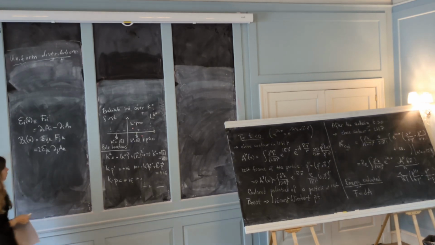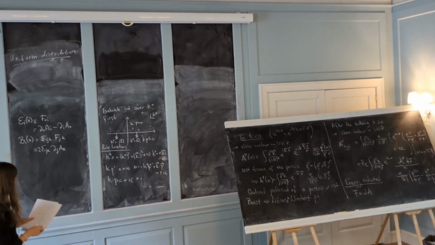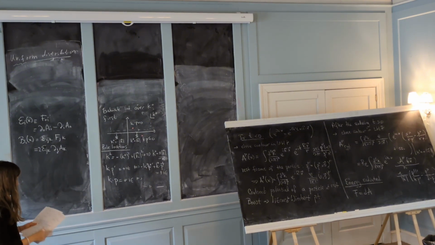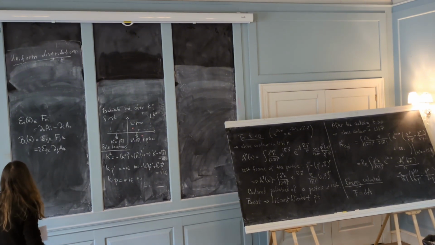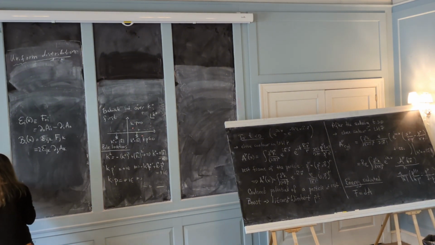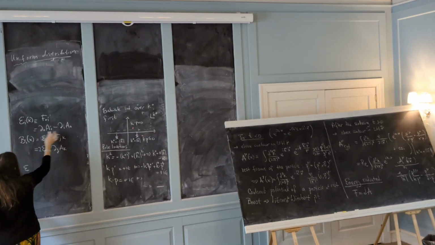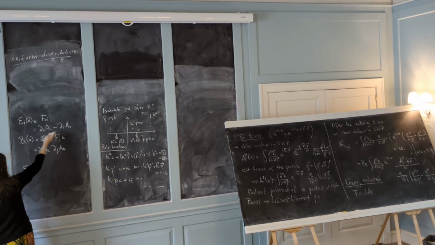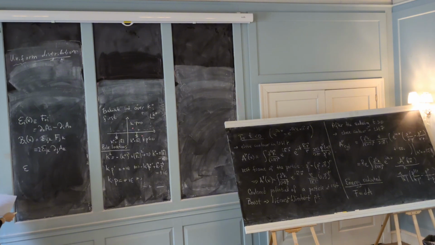In Fourier space, it's quite a bit easier to look at the formulas for these, because under the Fourier transform the derivatives just change into momenta with the corresponding components.